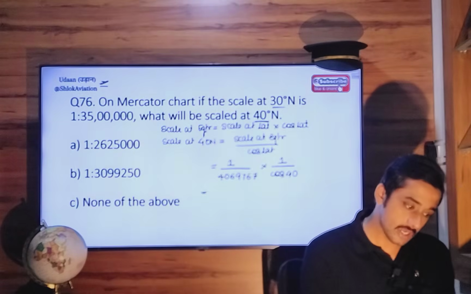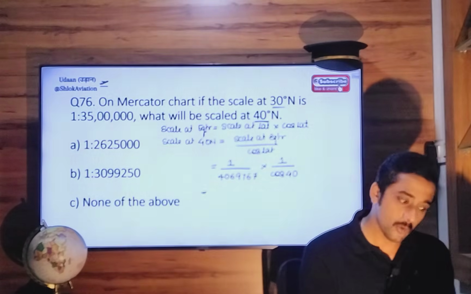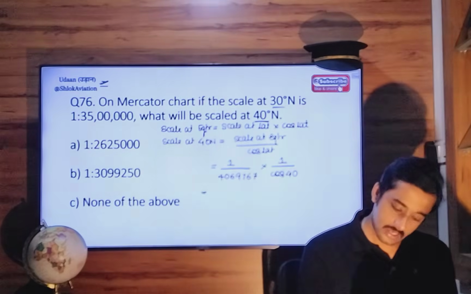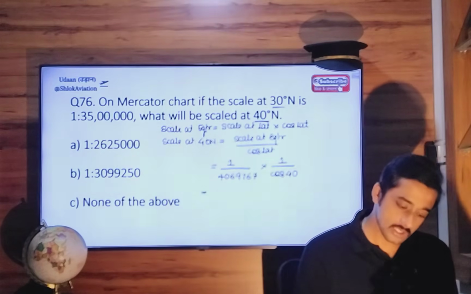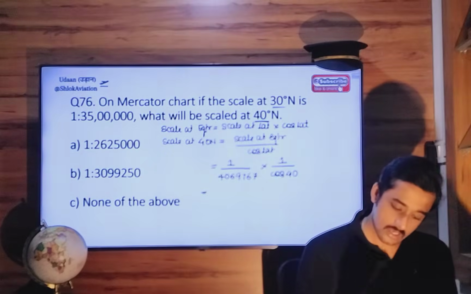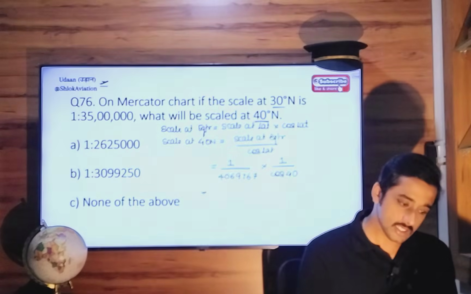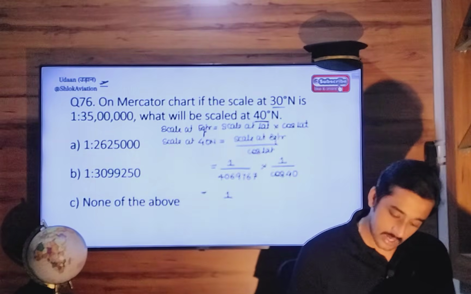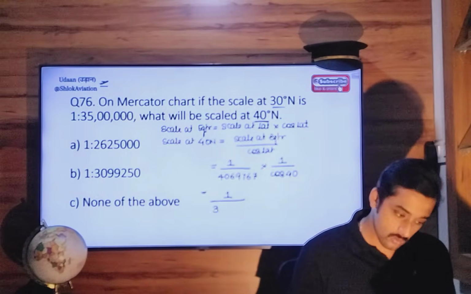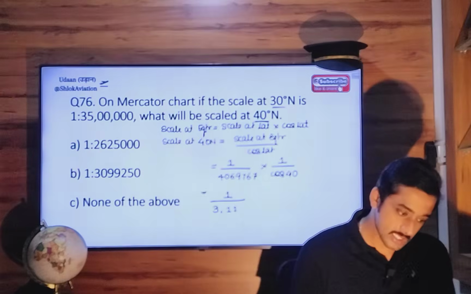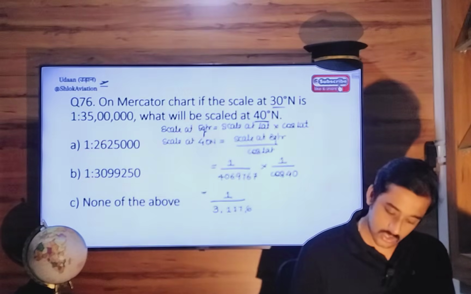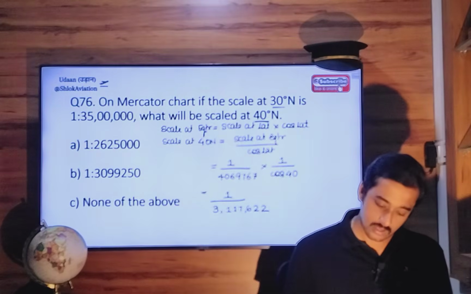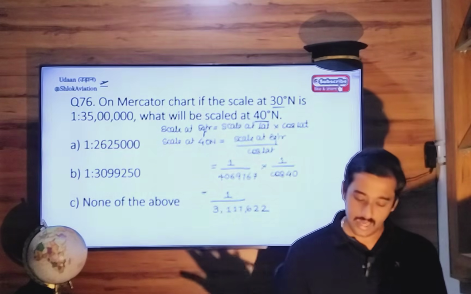So cos 40 is 0.76. Multiply that by 4069767. So that is equal to 1 divided by 3117622. So 31 lakh something.